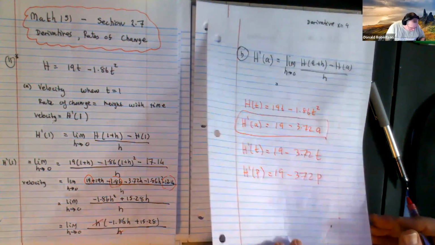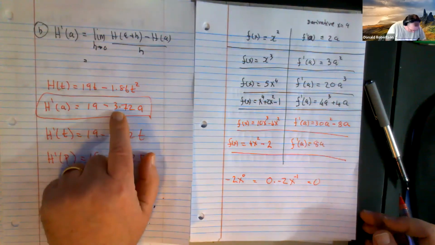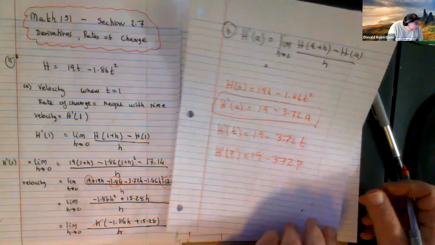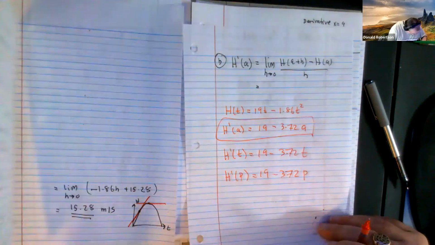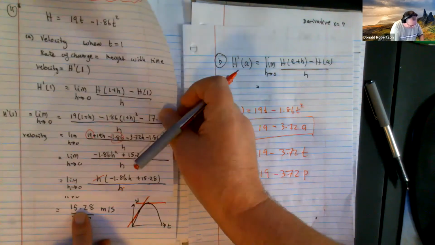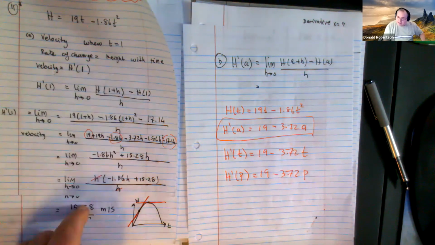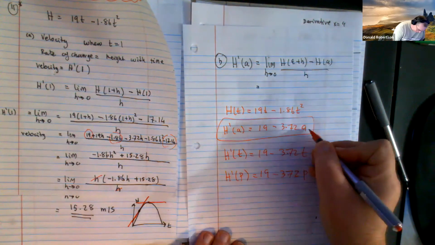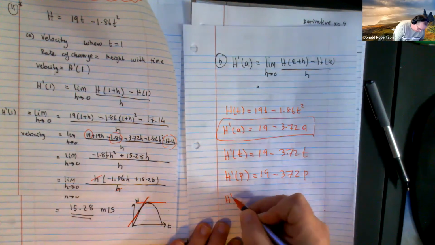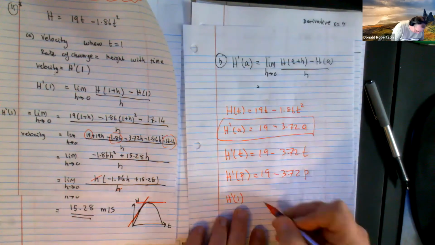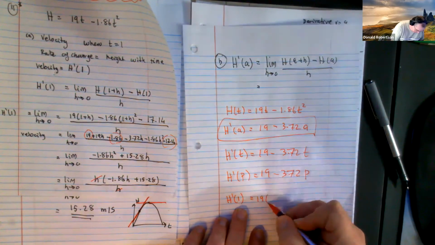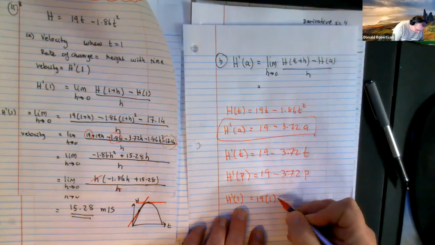Well, now that you know this is the correct formula, right? And I've lost my number. Oh, here it is. Remember that 15.28 that we got? And we had to do it this way. If I had this, wouldn't I just say, oh, the velocity at the 1 second mark is just 19 times 1?